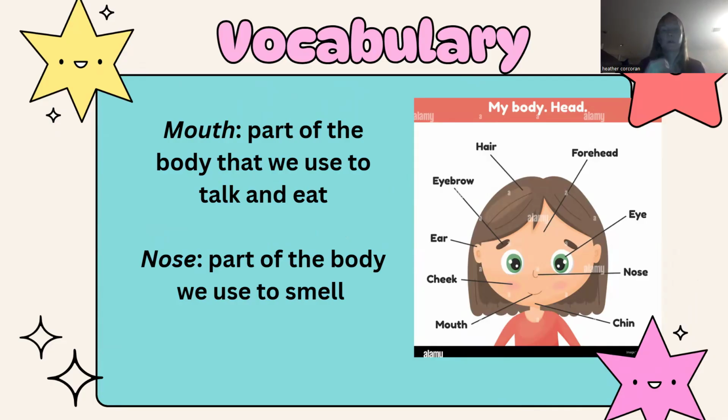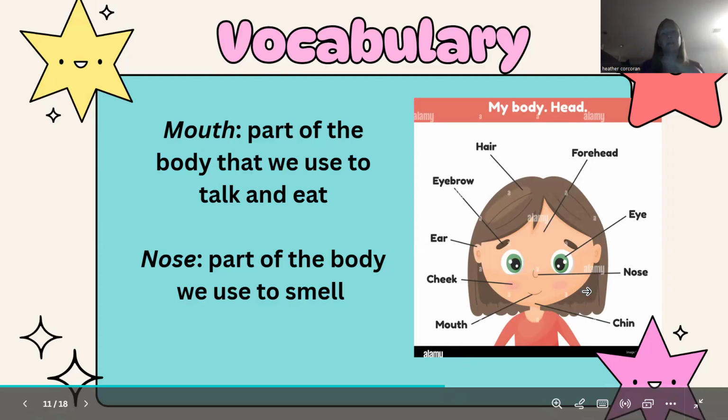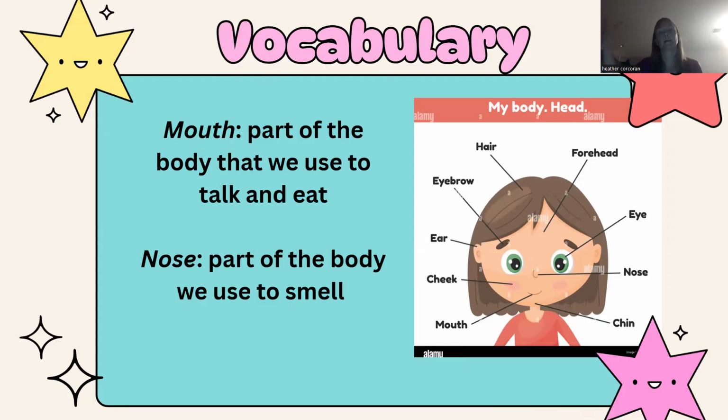Again, I'm saying the word, I'm giving them the definition, I'm highlighting it on the visual. I'm pointing to it on my person, they're pointing to it on their person. And again, we're repeating over and over and over what those words are and connecting with the total physical response and the visual aids to really help them cement that pattern and that meaning.